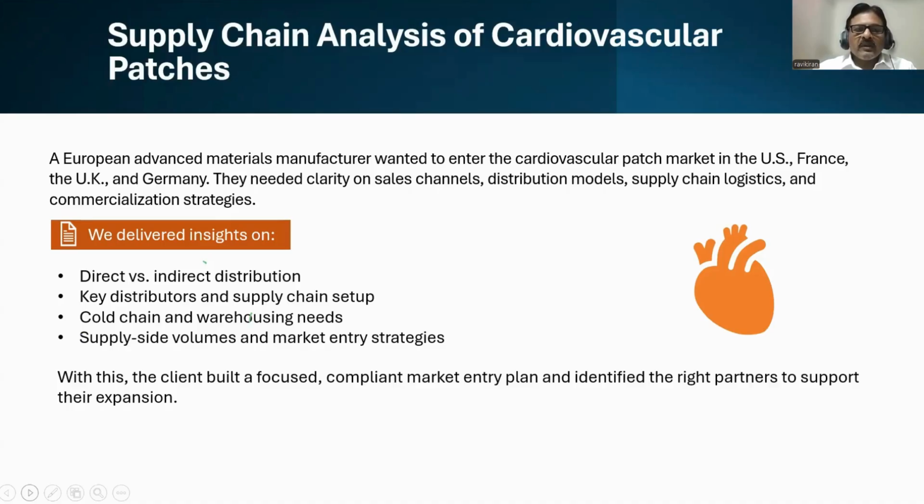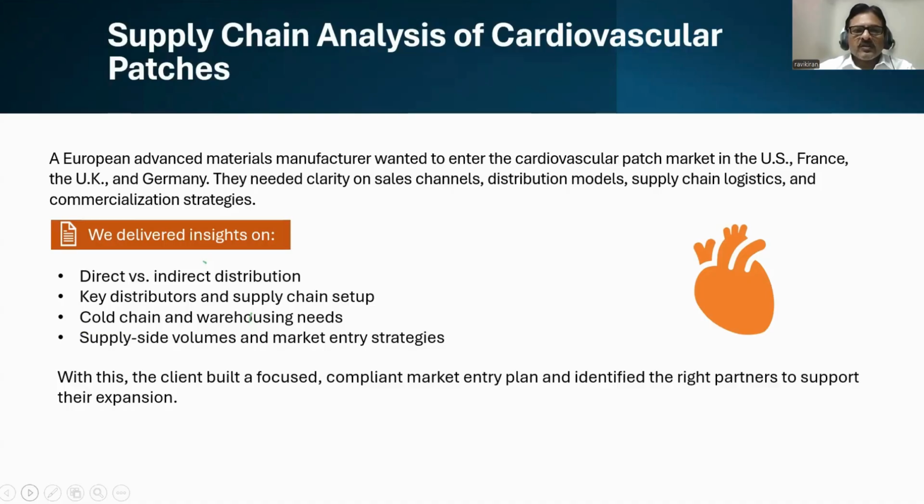So we tried to analyze the complete supply chain landscape from the raw material suppliers to manufacturing, and how the patches from the manufacturing locations are being supplied to different countries, or is there any need for warehousing of these patches? And because these patches need cold chain shipments, how are the distributors, if any, dealing with the cold chain shipments in supplying these patches from the manufacturers to healthcare providers?